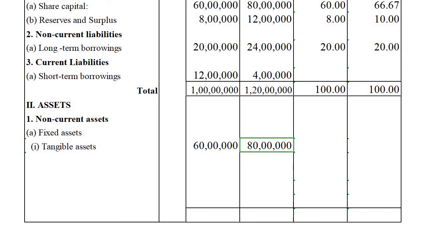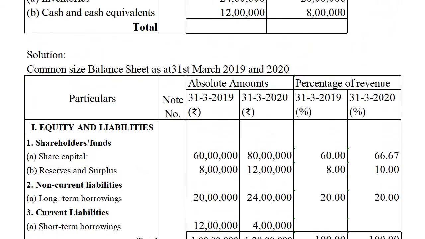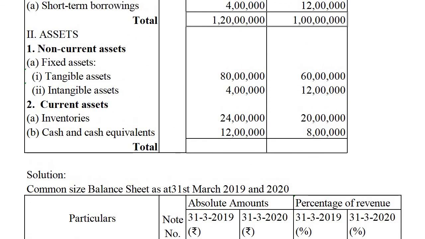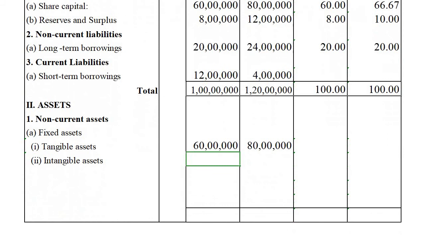Then next, intangible assets: 12 lakh for the previous year and 4 lakh for the current year.